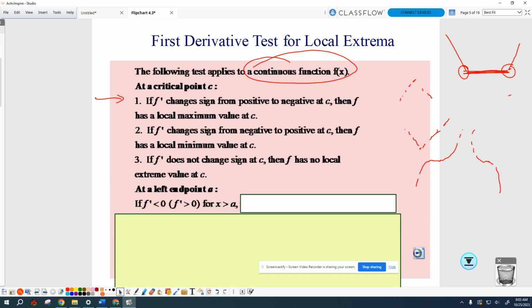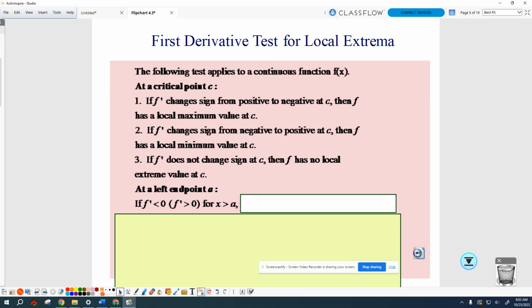Okay, now let's think about this. If f prime, we're at a left endpoint. And I don't want you to memorize this, I want you to think through it. So Camden, we're at the left endpoint, and we're headed towards the right endpoint. It says f prime less than 0.